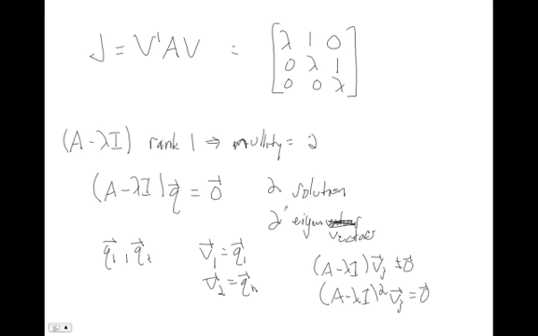And then finally, the equation for V3 is that A times V3 is not equal to lambda V3, because it's not an eigenvector, but it's equal to V2 plus lambda V3. So it follows the same formula as before. And now our Jordan form matrix is not going to look like this.